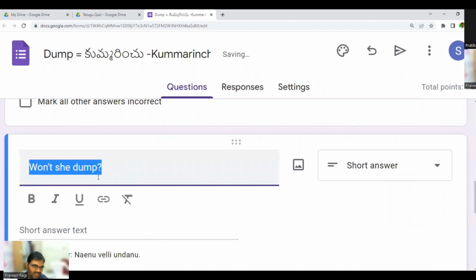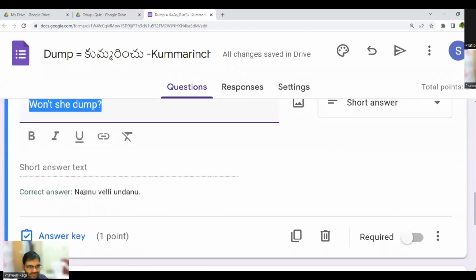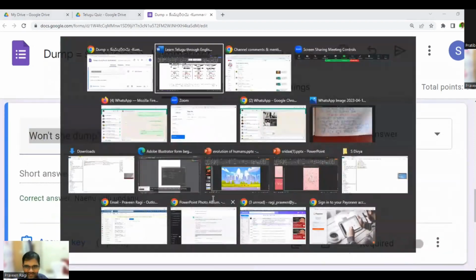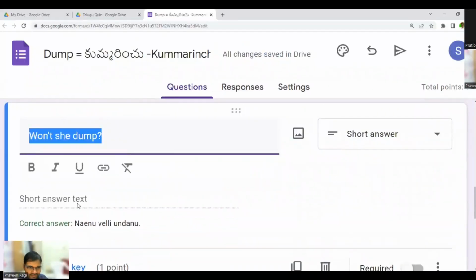Okay, won't she dump? Okay, can you try this one? So look at, yeah. ఆమె కుమరిస్తుంటిని. Okay, let me help you.